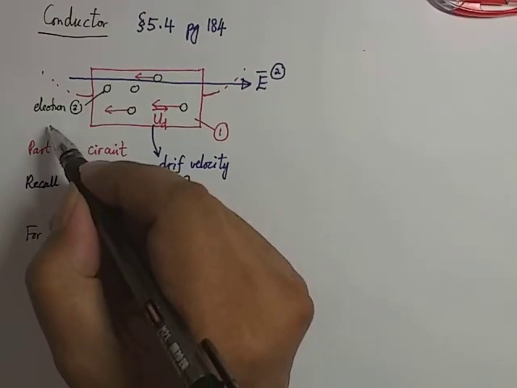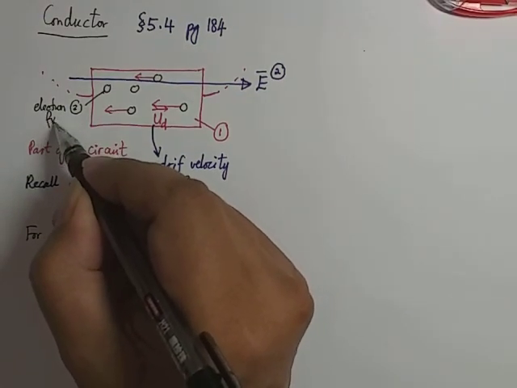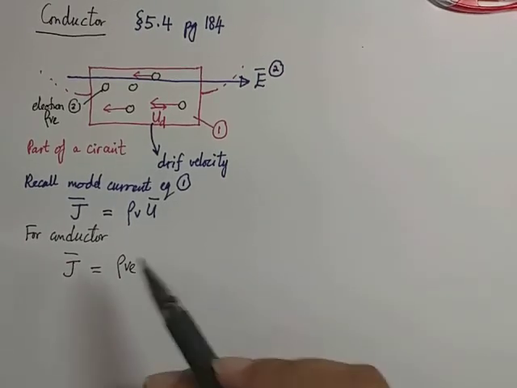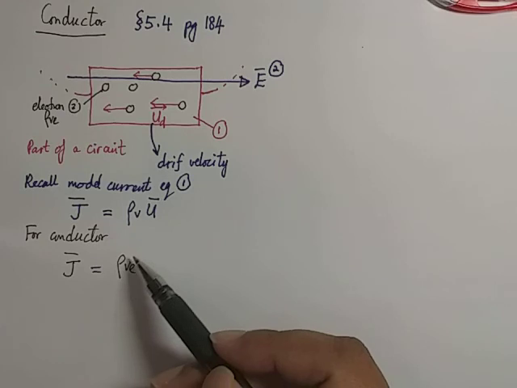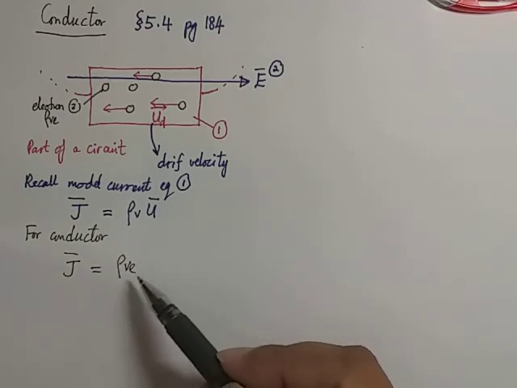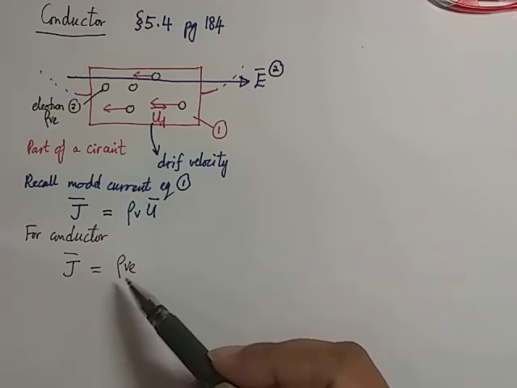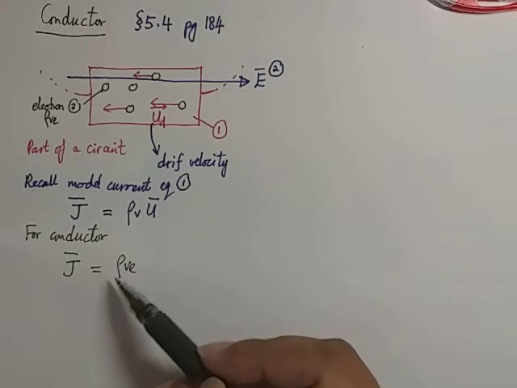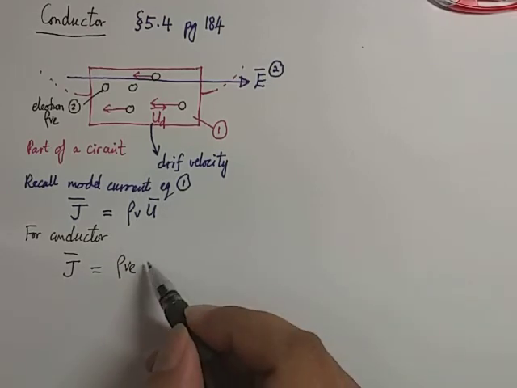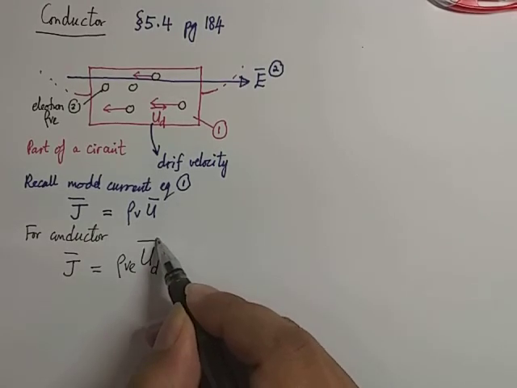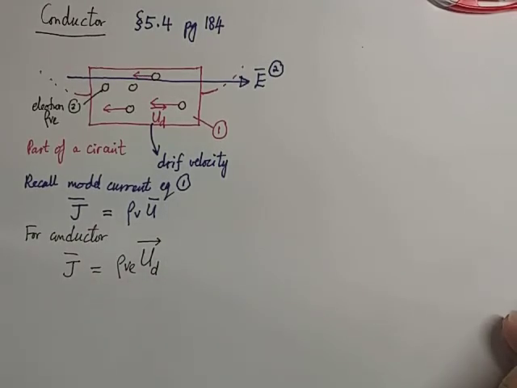Because this is the electron charge density, and the value of this charge should be negative because an electron has a negative value. So rho VE must be a negative value, and then we know that U should be denoted as U drift to indicate the movement in a conductor.